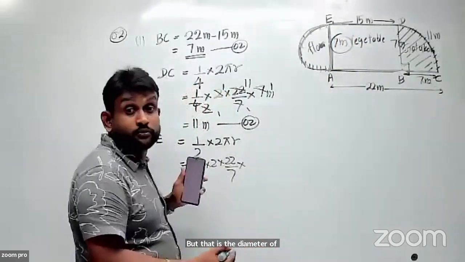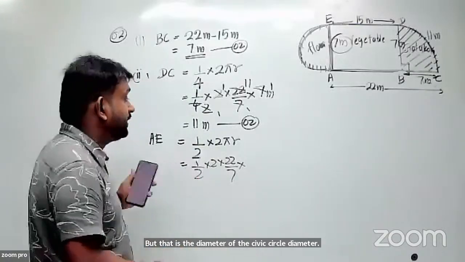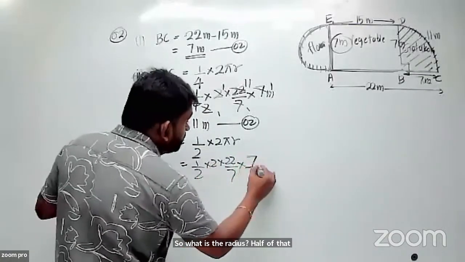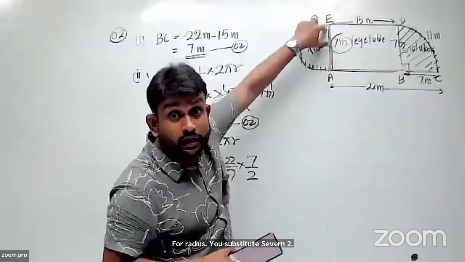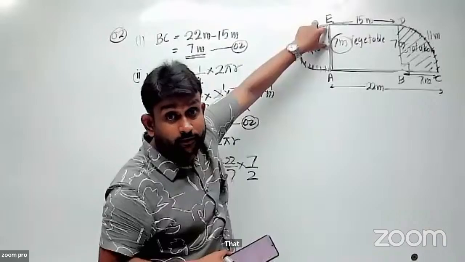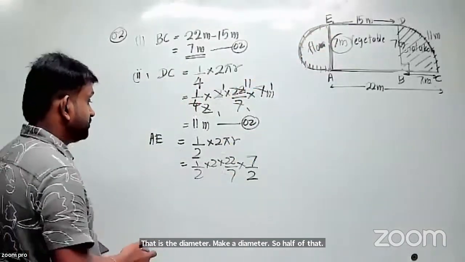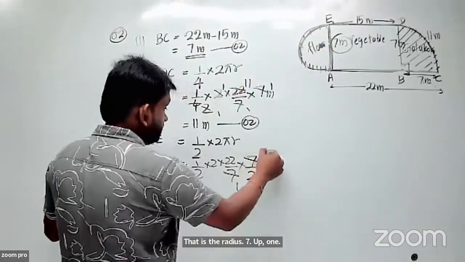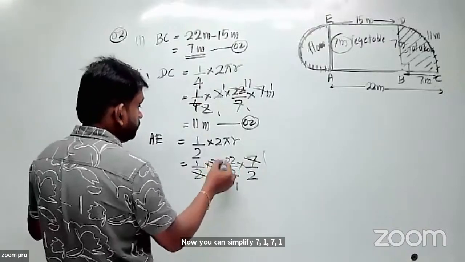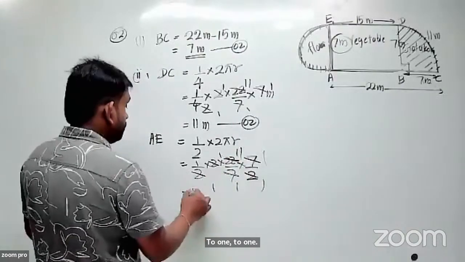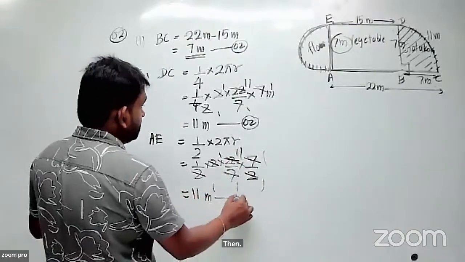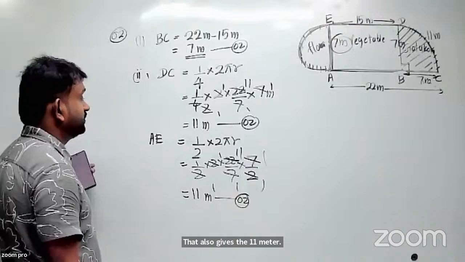So what is the radius? Half of that. For radius, you substitute 7 upon 2. Now you can simplify, and that also gives 11 meters. For that you also have 2 marks.